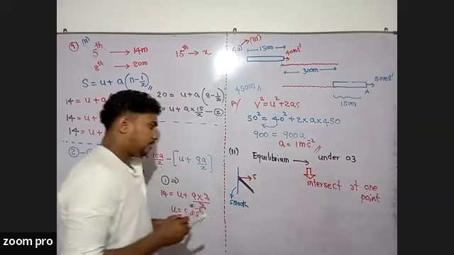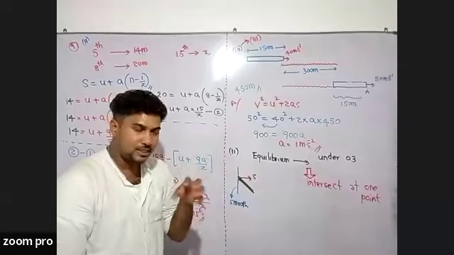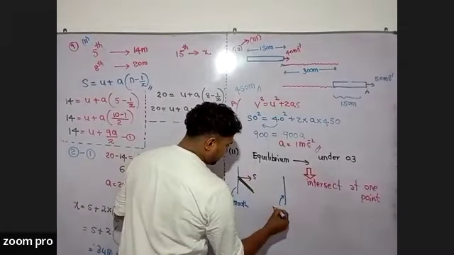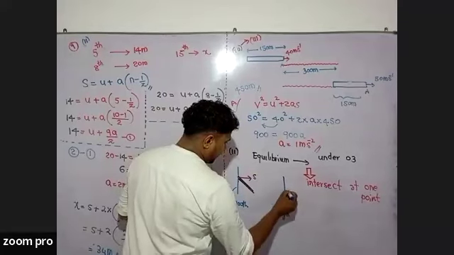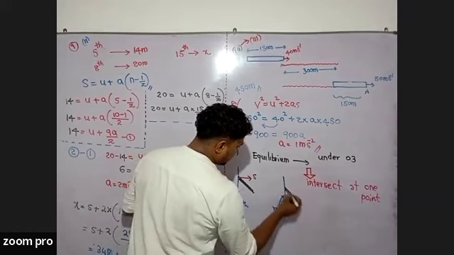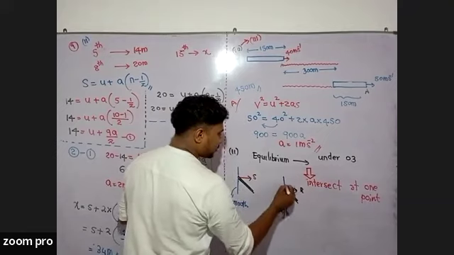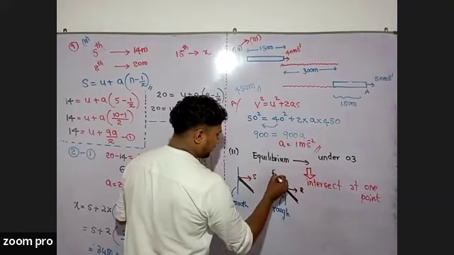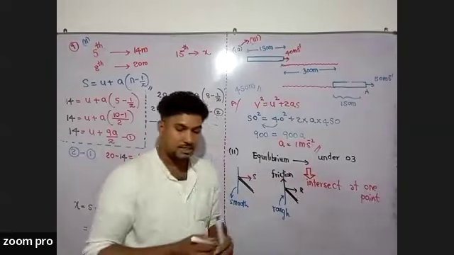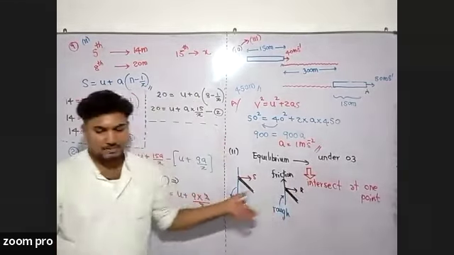But when we come to a rough surface, every object experiences two forces, that is normal reaction as well as the friction. So in some instances, we consider the resultant force of these two. So these are some theoretical points.